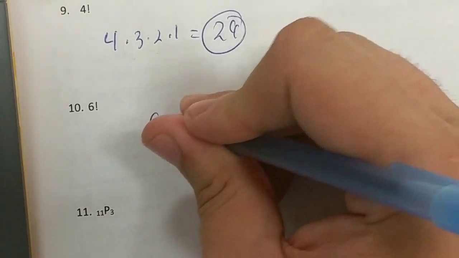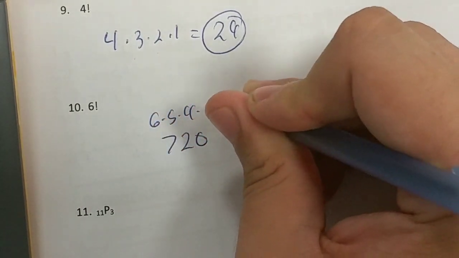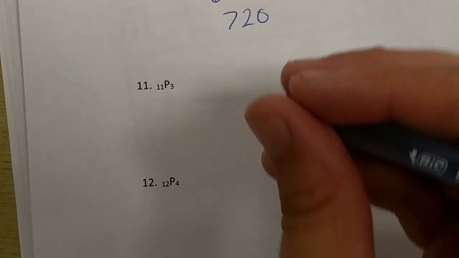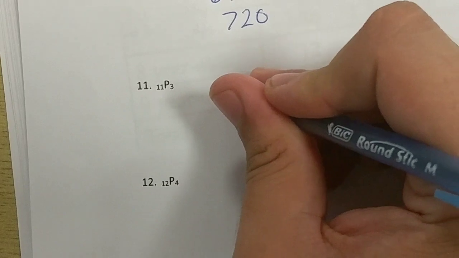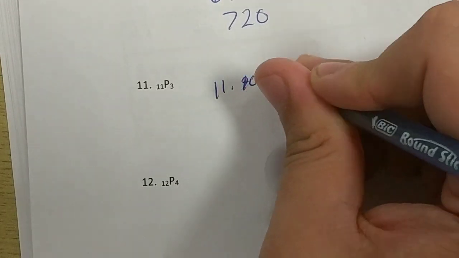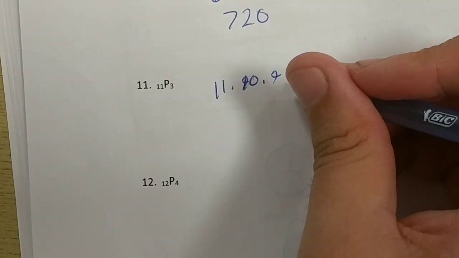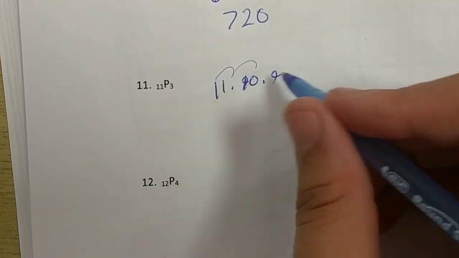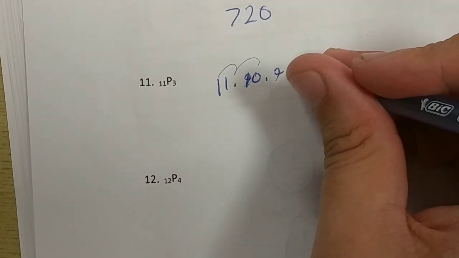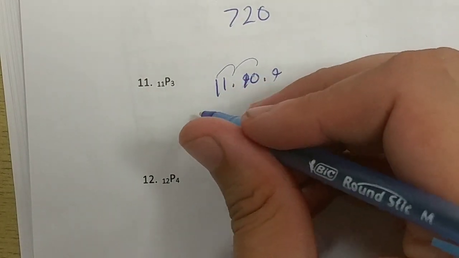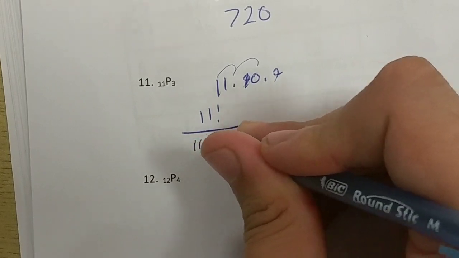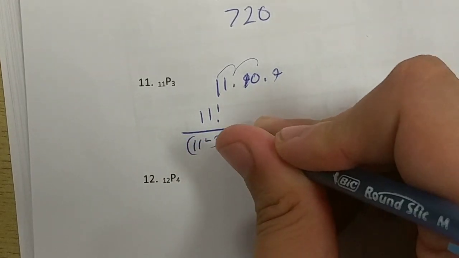And if you didn't know, that's 6 times 5 times 4 times 3 times 2 times 1. Now, let's do 11P3. So 11P3 is 11 times 10 times 9. You go 3 down, so 1, 2, 3. So 11 times 10 times 9. Oh, shoot. Let me do it the long way first, and then I'll show you the quick way. So 11 factorial over (11 minus 3) factorial.